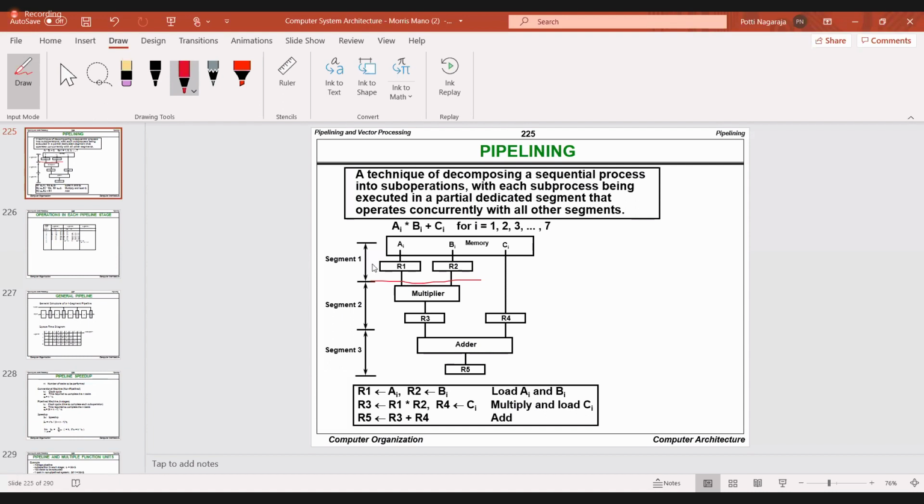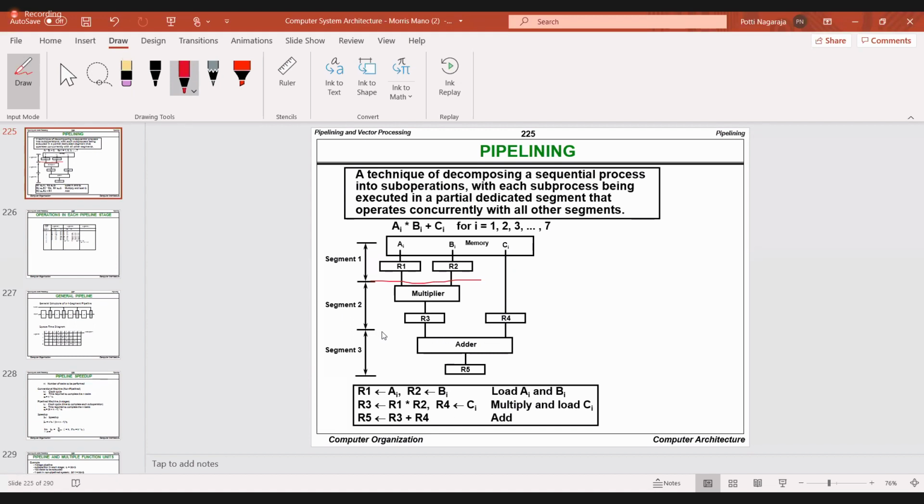Now in the second segment, whatever values are in R1 and R2, I have to multiply those two numbers. For that purpose I am using a multiplier, and the output will be stored in R3, and the Ci value will be read from memory into R4.